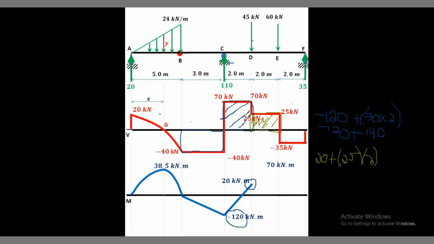Tama? Then, since dito sa may shear diagram from D to E, that is a 0-degree curve, pagdating kay moment, that will become a 1-degree curve. So, I'm going to connect 20 and 70 with the slanting line. Then, from E to F, again, that is a rectangle, 0-degree curve. So, pagdating sa moment diagram, magiging 1-degree curve, mag 0 dito. Okay?